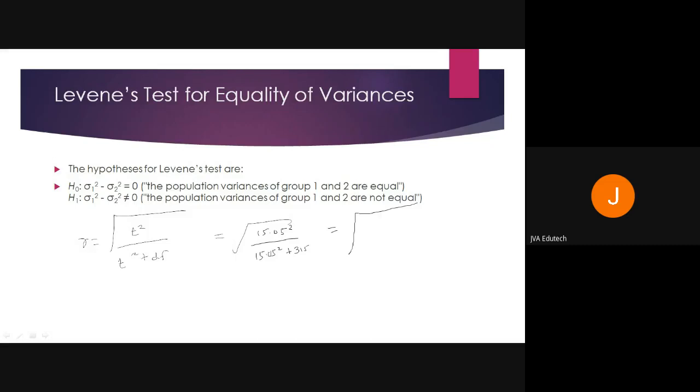Square root of 226.50 upon 541.50. Sir, it's 0.626. Okay, 0.626. So you can see that it has a very good representation in the population.